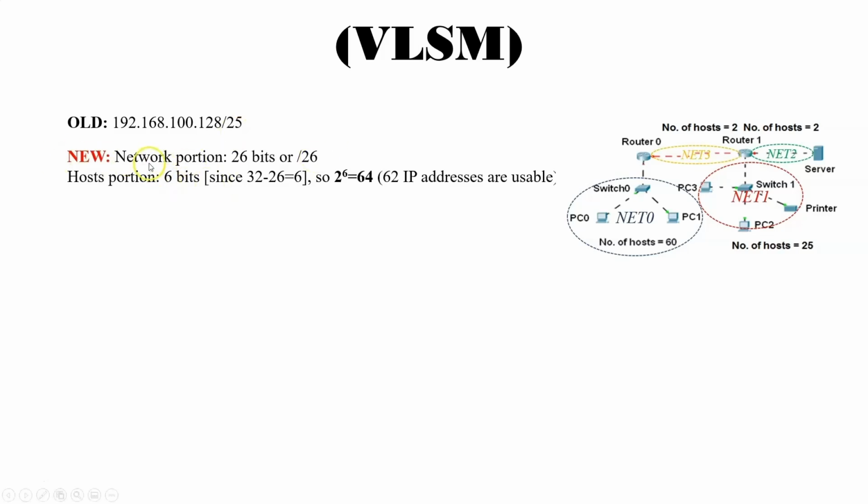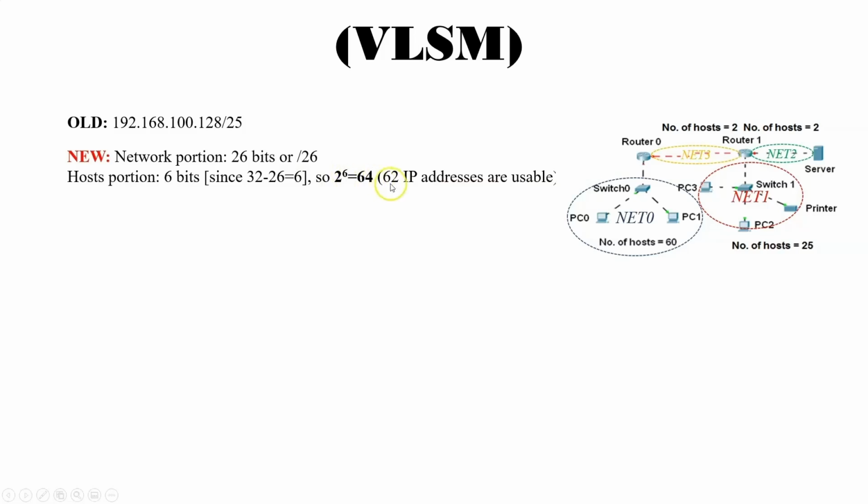Okay, so let's borrow 1 bit. If we borrow 1 bit, the network portion will be 26 bits, so the representation is /26. The host portion is now 32 minus 26, that is 6 bits. So 2 to the power 6 is 64.